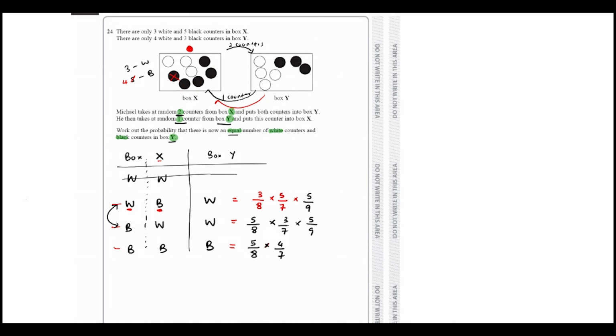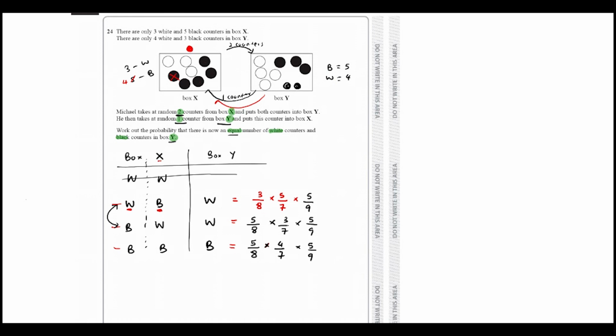Then those 2 black counters go inside here. And now you have how many blacks? You have 1, 2, 3, 4, 5 blacks and 4 whites. So in here you are going to choose from box Y a black. So choosing a black from box Y is 5 out of 9. Okay, children, so these are the 3 paths.